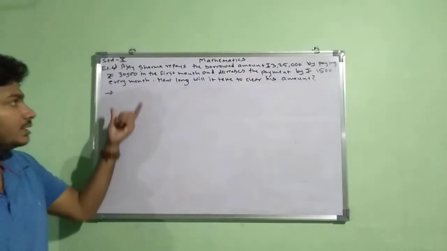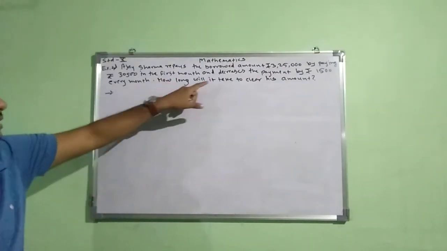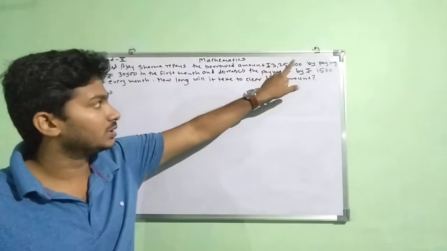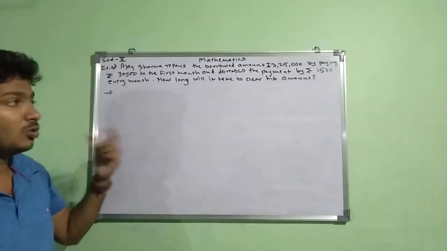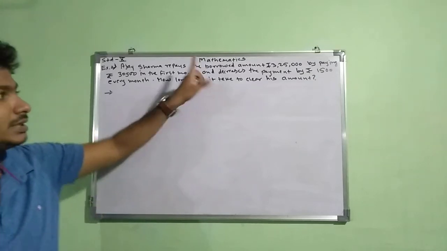So if you carefully look at that example, our given data is that 3,25,000. Okay, 3,25,000 rupees is Sn. That means in how many months he has cleared that amount.